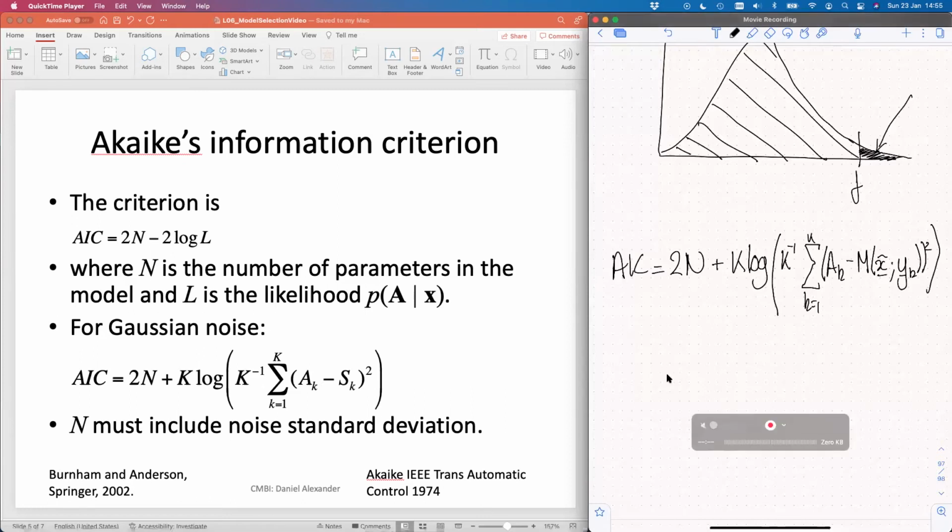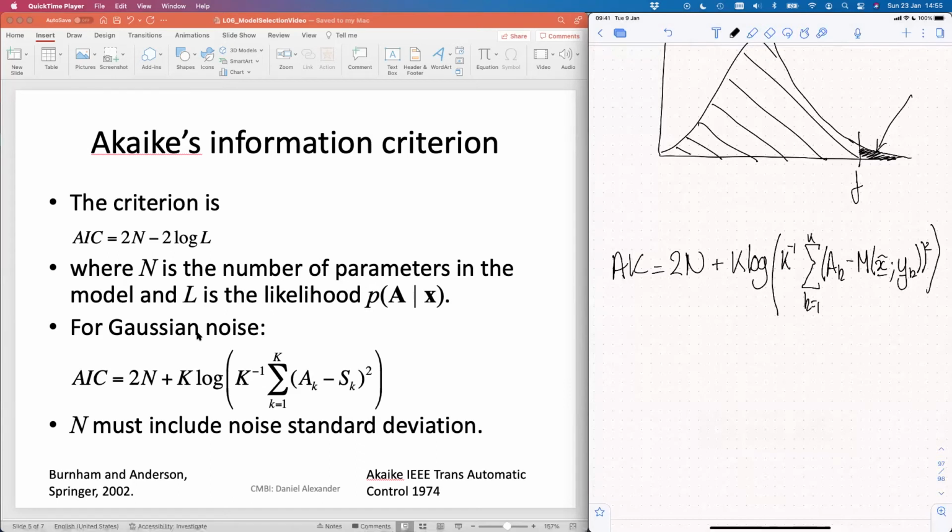One interesting point at the end here: in the derivation of this expression for the AIC under the assumption of independent identically distributed Gaussian noise, the derivation uses an estimate of the standard deviation of the noise. And so effectively, the whole process estimates one more parameter than is contained in the model itself.